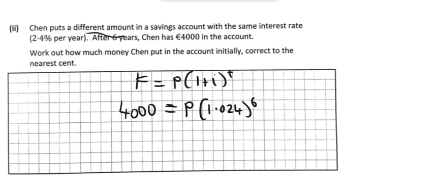And then we have to use a bit of algebra. You're not working out the power or anything. You just have to bring across the 1.024 to the power of 6.